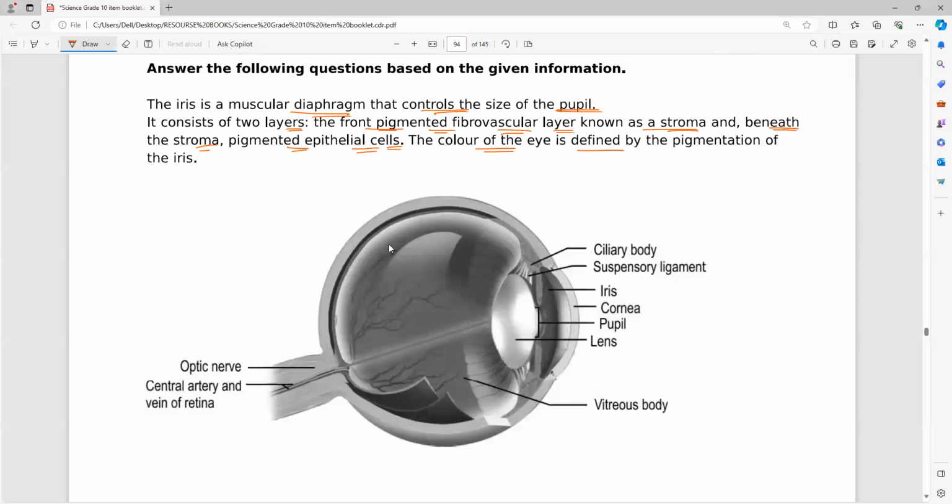The color of the eye is defined by the pigmentation of the iris. So we have two functions of iris. One is to define the color of the human eye. Second is to control the size of the pupil based upon the availability of light.